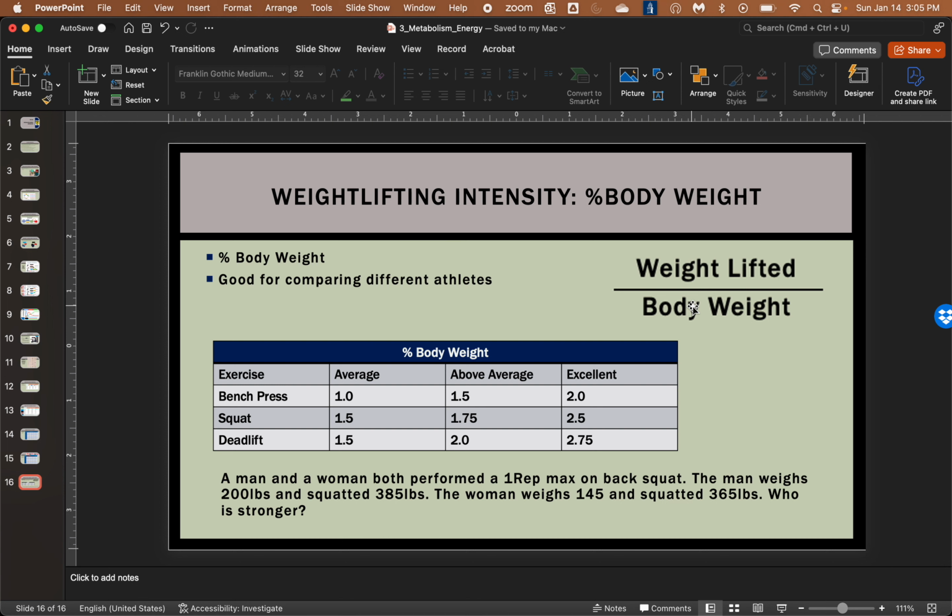You're probably not in the NFL if that's what your numbers are, but you should be lifting at least 100% of your body weight. Or what if you have like a 150-pound person that can lift 300 pounds? That's 2 times their body weight. So percent body weight is a much better way to compare people to people. We can compare different genders to each other, and we can get an idea of when you ask the question, who is stronger? This is the measure that you want to use.